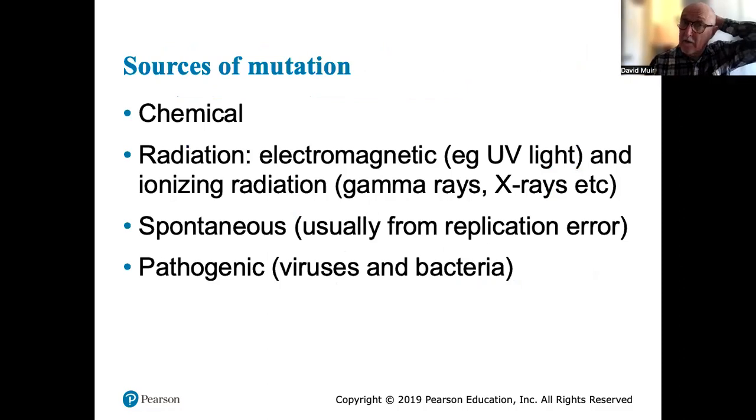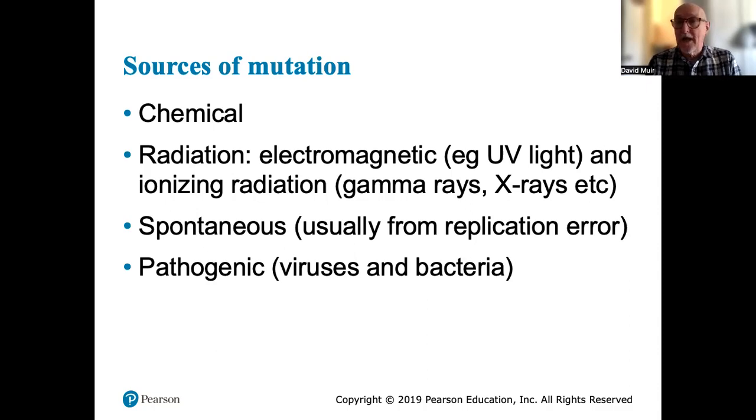So there are many sources of mutation. As I've mentioned, chemicals. Unfortunately, one of the commonest ones in human beings is cigarette smoke. Weed smoke also contains chemicals which can induce mutations in lung cells. But cigarette smoke is much more dangerous because the lung exposure to cigarette smoke is much more constant.